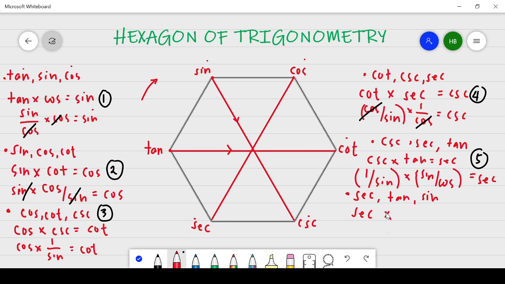Of course, second daw is secant times sine is equal to tangent. We're going to prove this. What is your secant? Of course, 1 over cosine times sine. There you have it. Sine over cosine is equal to tangent, making this formula secant multiplied by sine is equal to tangent.